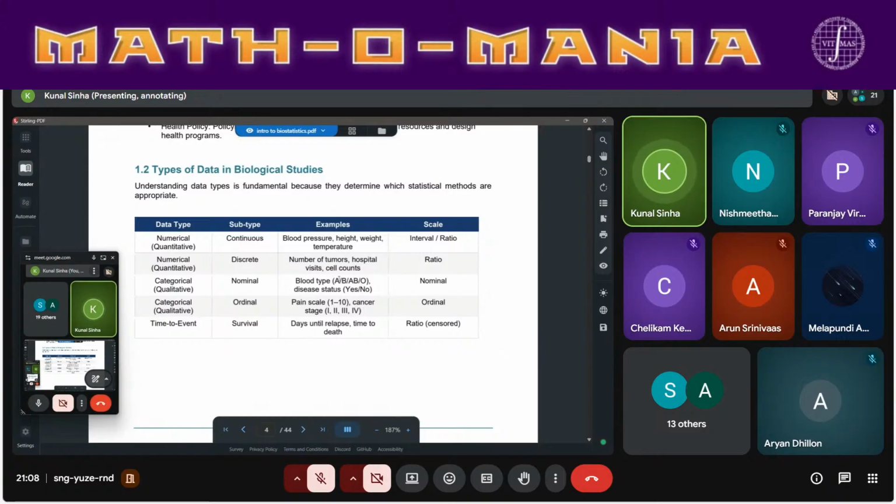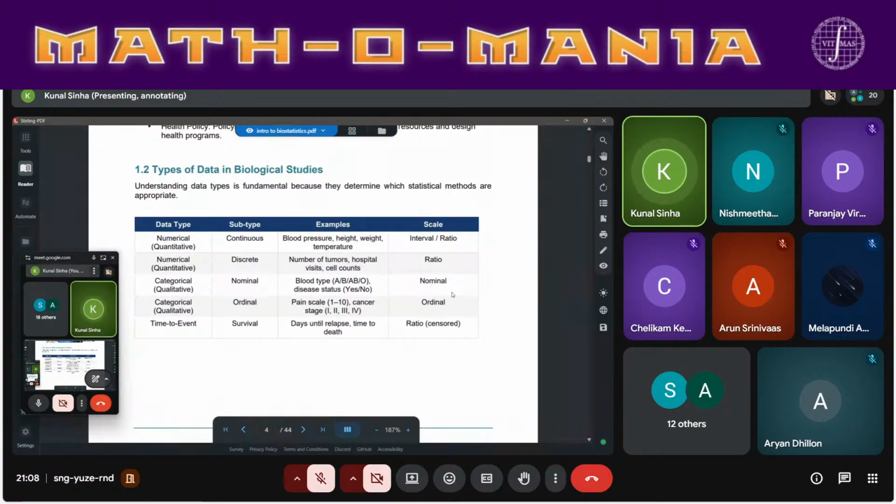So these nominal variables have some symbol assigned to them. Then ordinal is basically stages, like first degree, second degree, third degree. Like first stage cancer, second stage, third stage, and fourth stage cancer. So these are the four types of variables that we usually deal with in biological data.